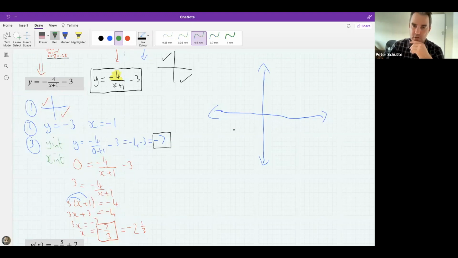So I'm going to start with my asymptote. And then it was x is -1. Notice how I'm labeling my asymptotes so I know where the field of play is. And now the question is, where do I go next?